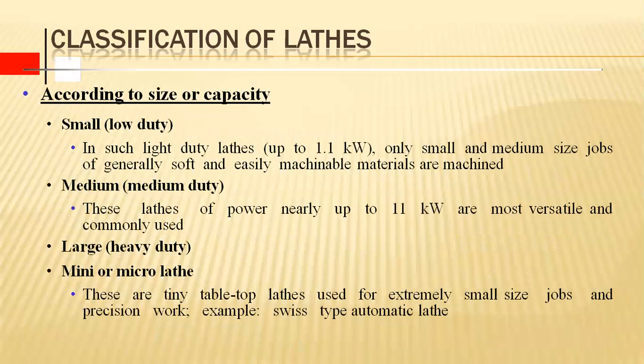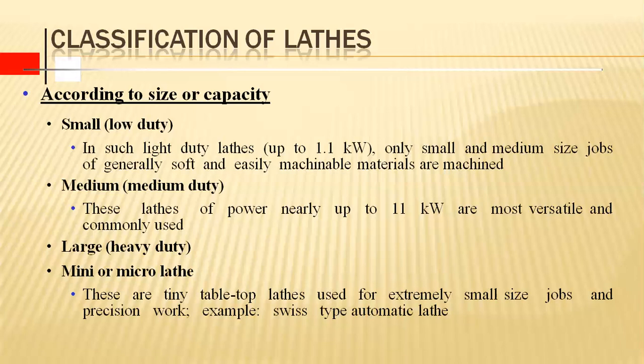According to the size or capacity: small, medium, and large, and micro and mini lathes. It will vary with respect to its power. Based on the power, the cutting parameters such as speed, feed, and depth of cut will vary. In the case of small, only 1.1 kilowatt of power is utilized.